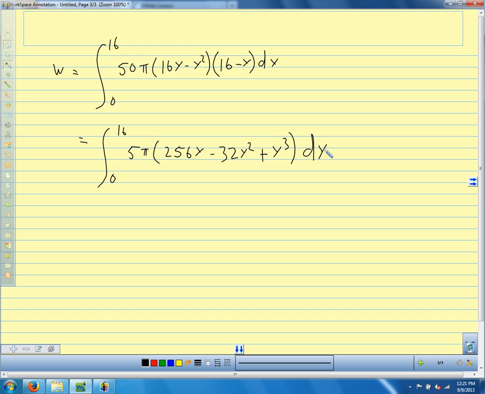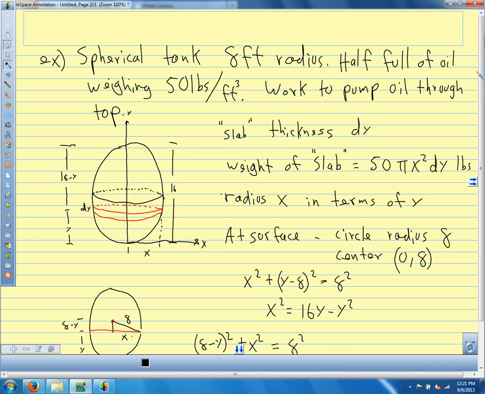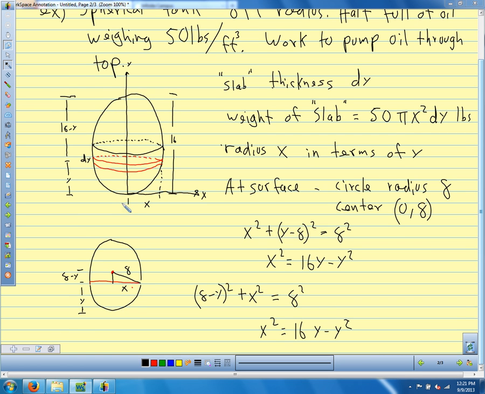Now, looking back, I realize that the tank is half full, so we don't integrate from 0 to 16. We only have to integrate from 0 to 8 because the tank is only half full.